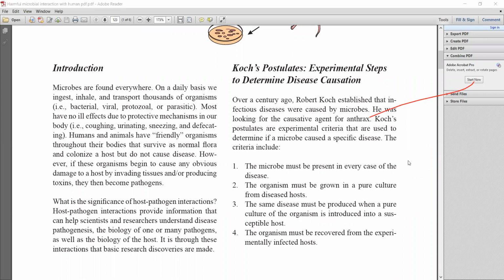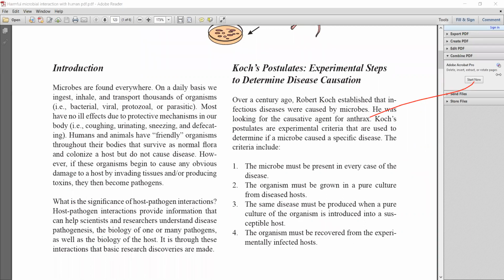Those normal flora also act as a protective layer, helping in fighting against the pathogens. That is why normal flora are not considered to cause any kind of damage until the organisms start invading the tissues and producing toxins, and then they become pathogens.